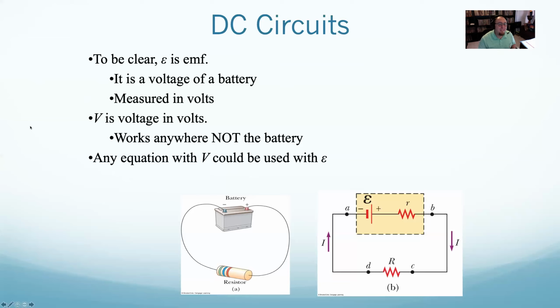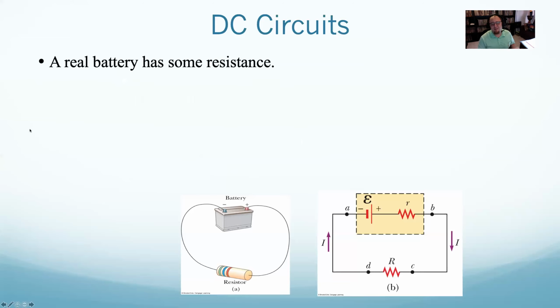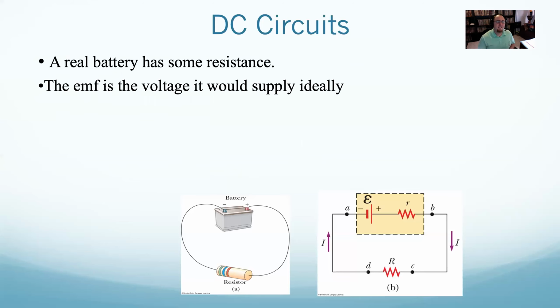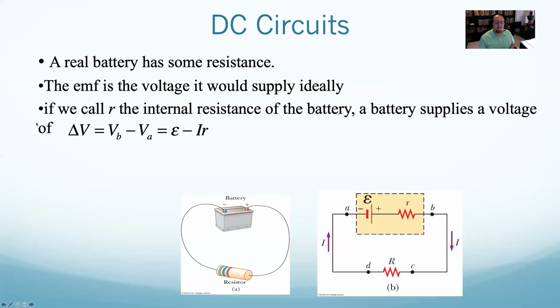Also, really, a battery applies a voltage, but a battery also has resistance. The EMF is the ideal voltage supplied by a battery, that is, if a battery was perfect, how much it added. For any battery, we can have an internal resistance, normally represented with a lowercase r.